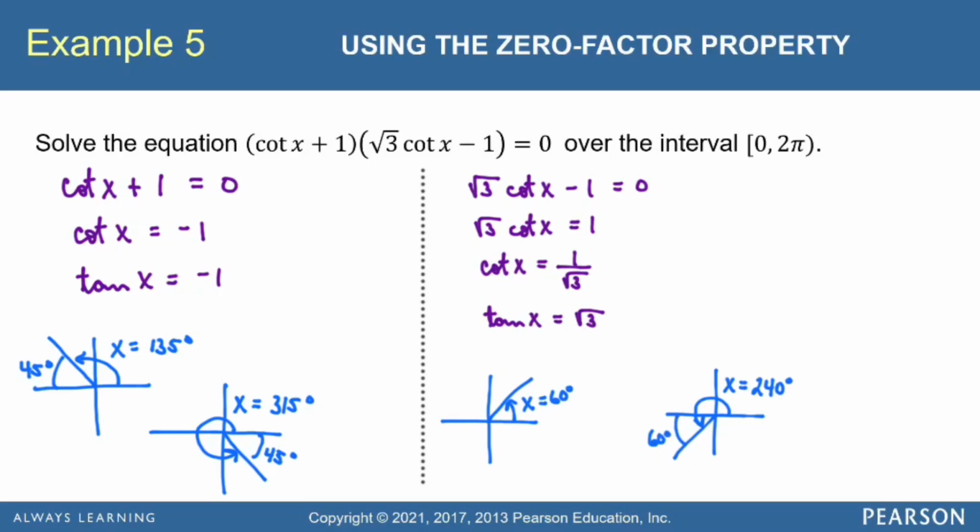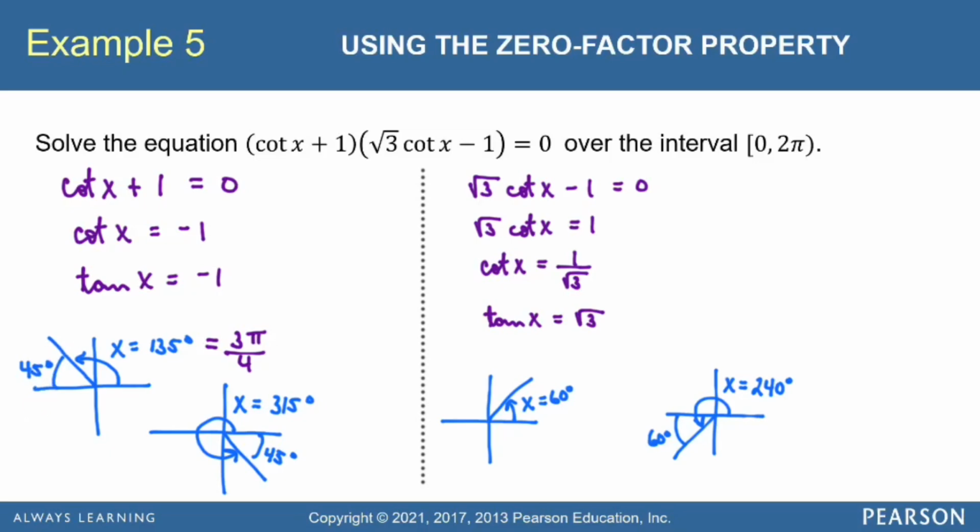Now let's convert each of these into radians. 135 is 3 times 45, so that would be 3 pi over 4. Now you might remember that way back in chapter 3 we talked about an easy way to convert whenever you have a 45 degree reference angle.